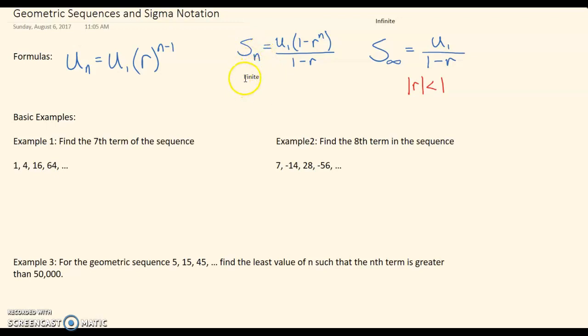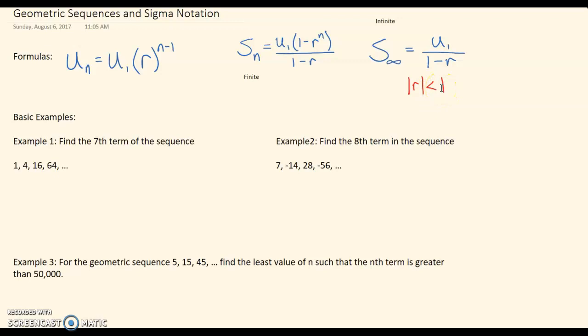So a finite sum, that is the first term times 1 minus r to the n over 1 minus r. And then we have one additional formula this time, where we can take the infinite sum of a series. That's the first term divided by 1 minus r. Now this can only be done when the absolute value of r is less than 1.